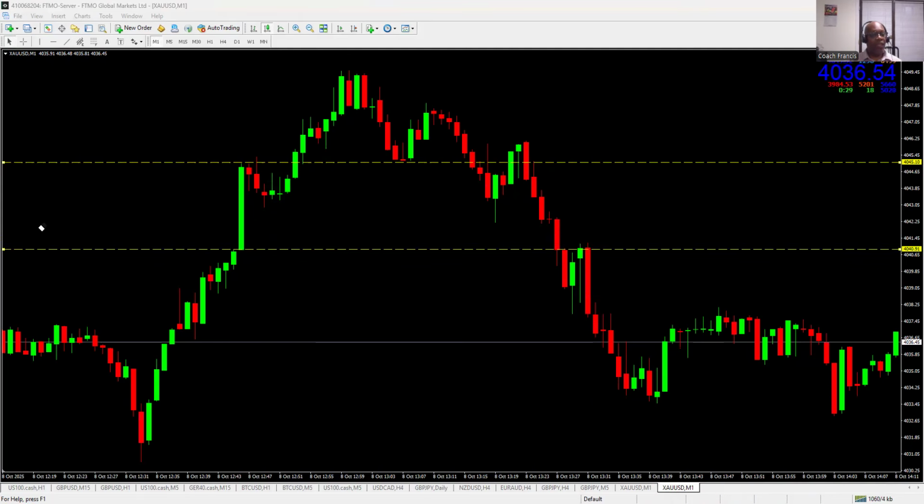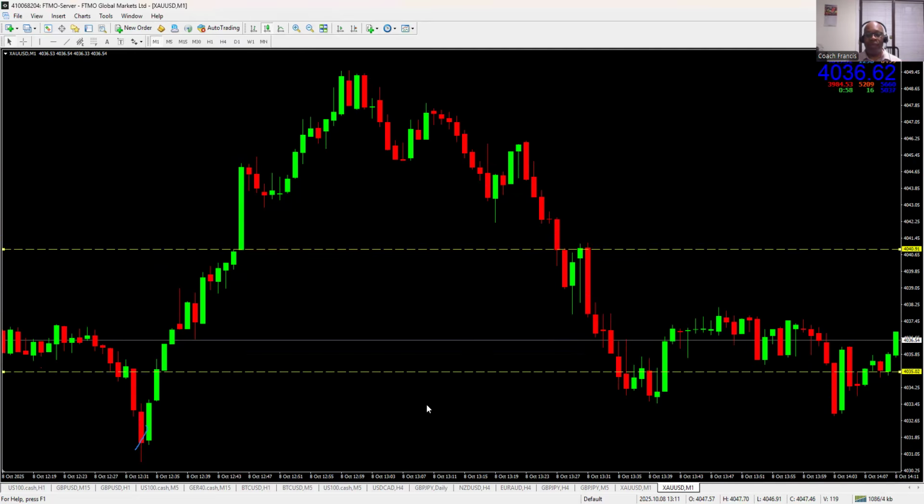If you say this was a swing low, the pullback is relative to the swing, as opposed to this pullback relative to that one candle. So just to know the difference, the pullback could be in relation to one candle or it could be in relation to a swing. All these are terminologies which you need to become aware of and comfortable with.